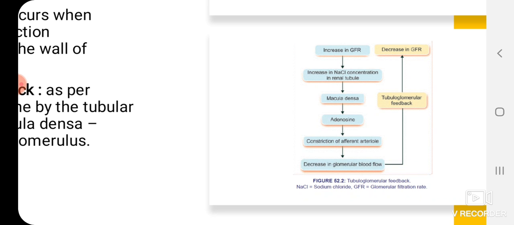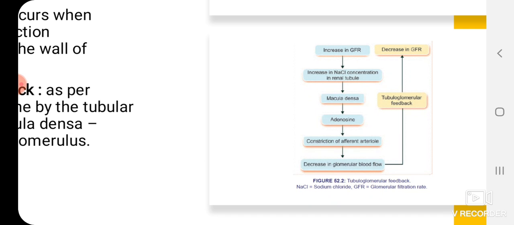So the contraction of the afferent arteriole is done by the macula densa and by the nitric oxide. The contraction of the afferent arteriole produces less glomerular blood flow. If the lumen is narrow, then the flow of blood is decreased. So by decrease of this, they produce a feedback and decrease the glomerular filtration rate.